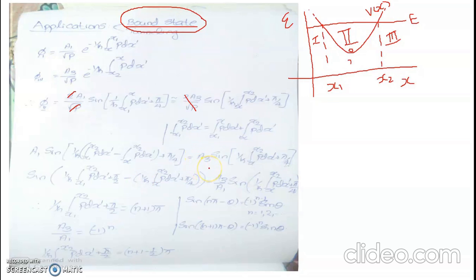Now look at the right side of this equation. The sine function has an argument 1 by h cross integral x to x2 p dx prime plus pi by 4. On the left side you can have this term, integral x to x2 p dx prime plus pi by 4, but this is minus. So if I can have a minus pi by 4 here, I can take the minus sign common from this term and pi by 4 to make overall minus of this term plus pi by 4.